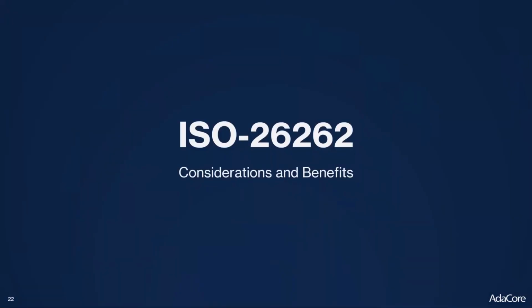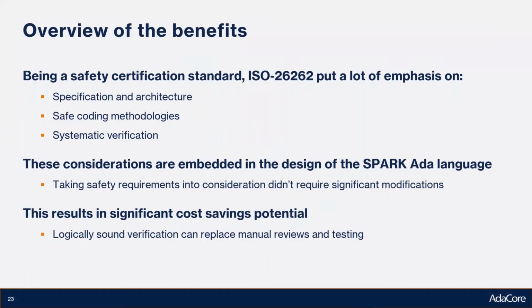All right, and now, how does ISO 26262 fit into all of this stuff that we're presenting? Well, ISO 26262 is a safety certification standard, of course. So there is a great deal of emphasis on having specifications and architectures that ensure safety goals.